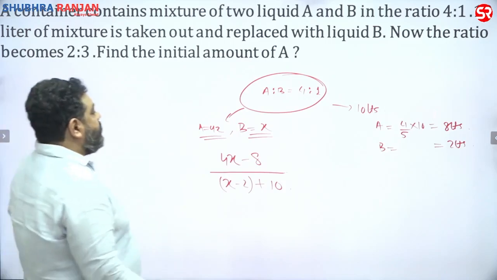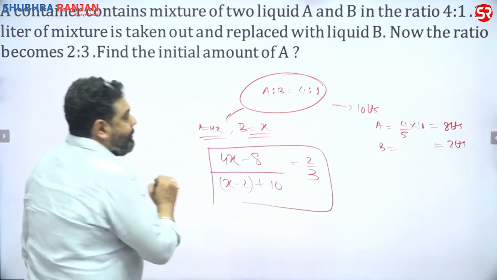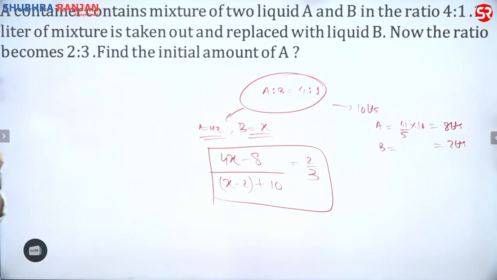Now the ratio becomes 2/3. Find x. He says now the ratio becomes 2/3, find the initial amount of A.